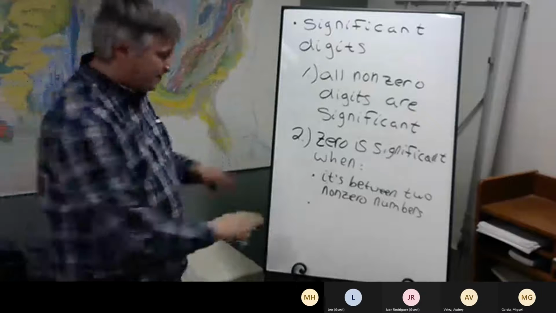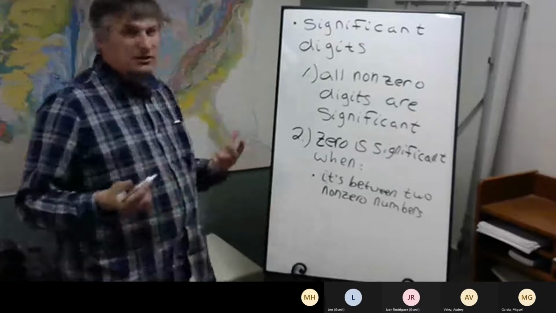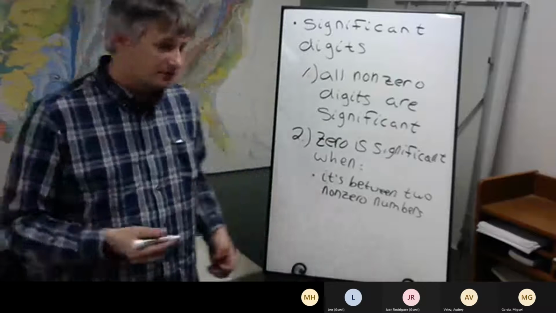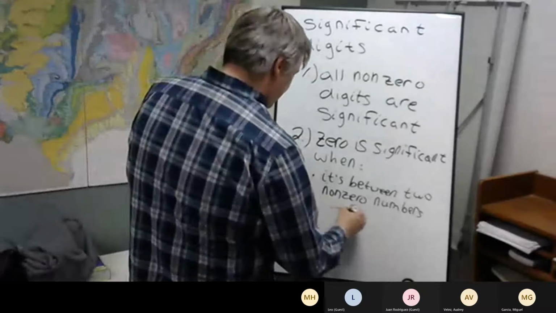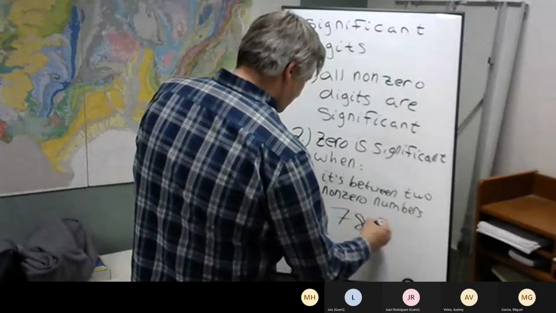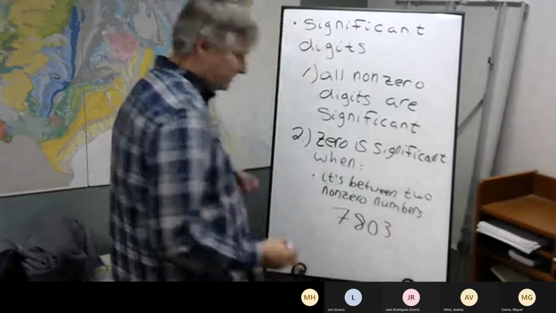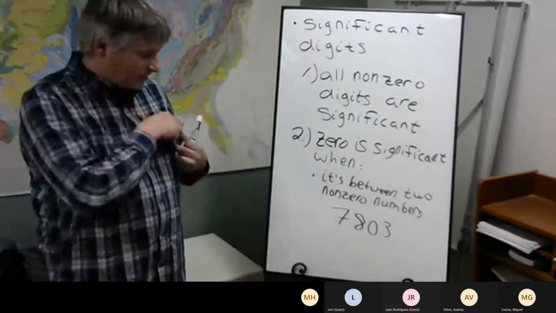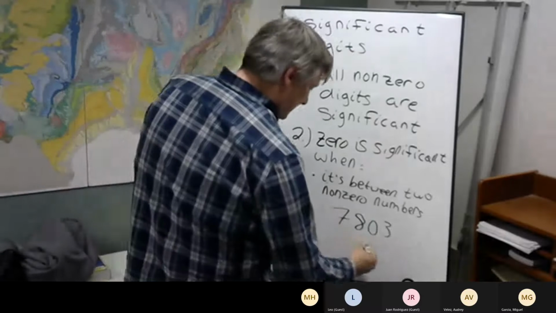Let me give an example of this, because with zeros, this is where significance just gets kind of confusing. So let's say we have something like this. This zero is significant.